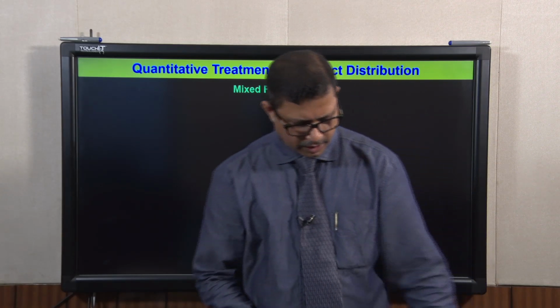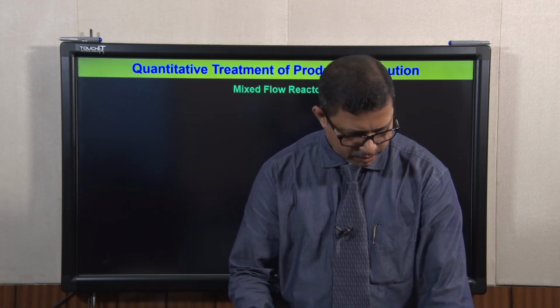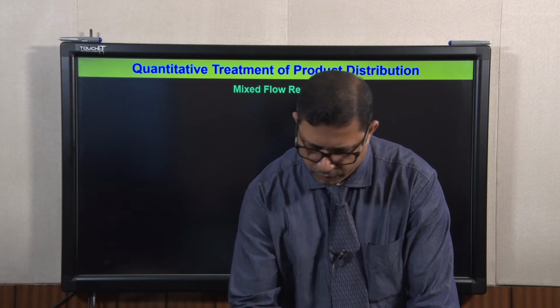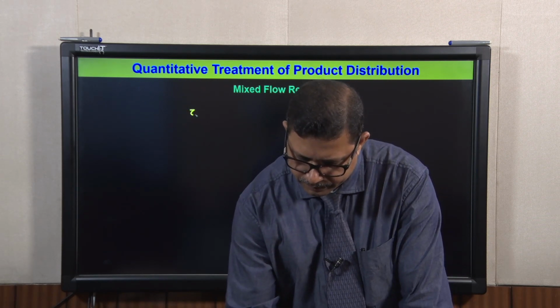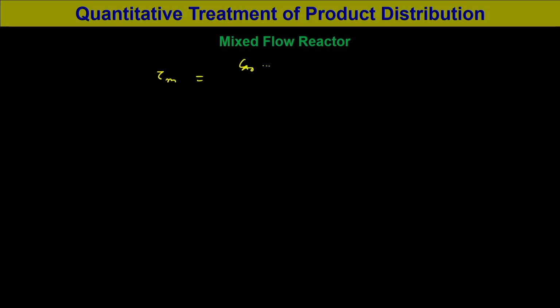Now, if we consider the mixed flow reactor, we can write the design equation as we have done before. Tau m would be equal to CA naught minus CA divided by minus RA, which is equal to minus CR divided by minus RR.